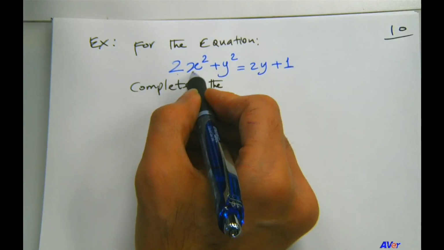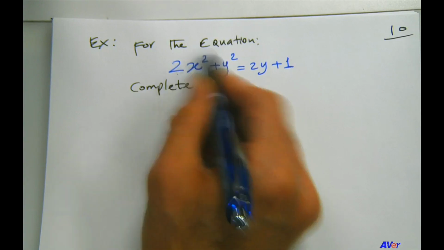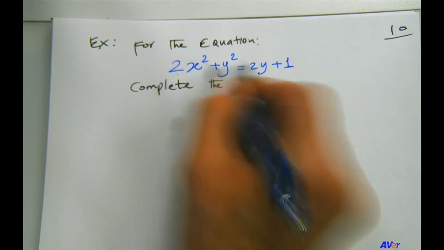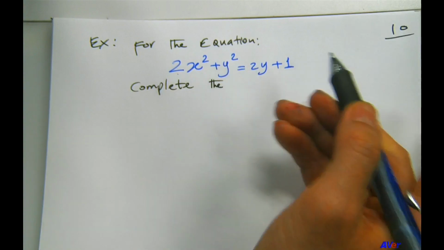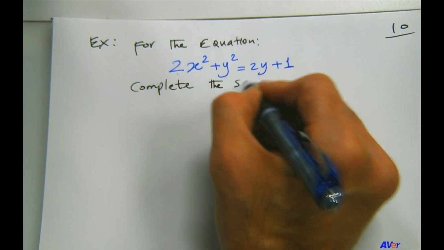For x, we don't have to do it, right? Because it's the only x term and it's already squared. So we don't have to complete the square for x, but certainly for the y terms, we have to do it. Complete the square.